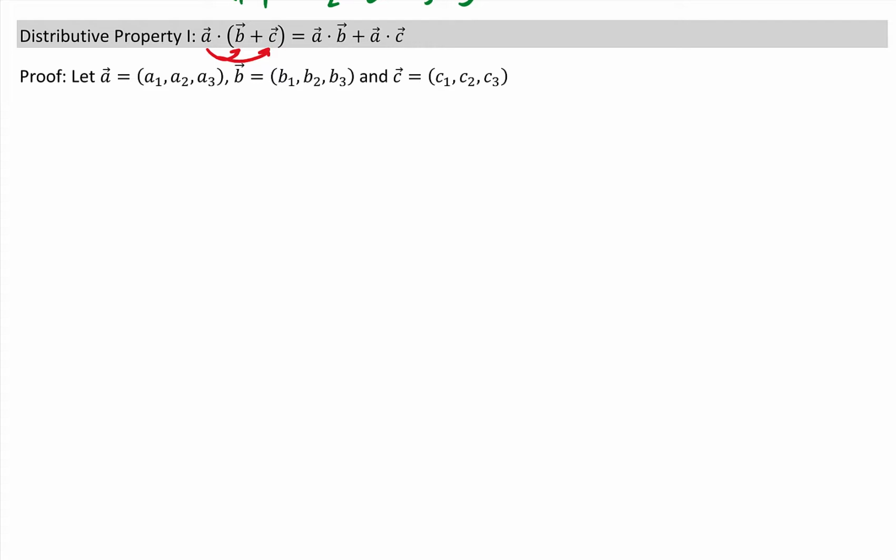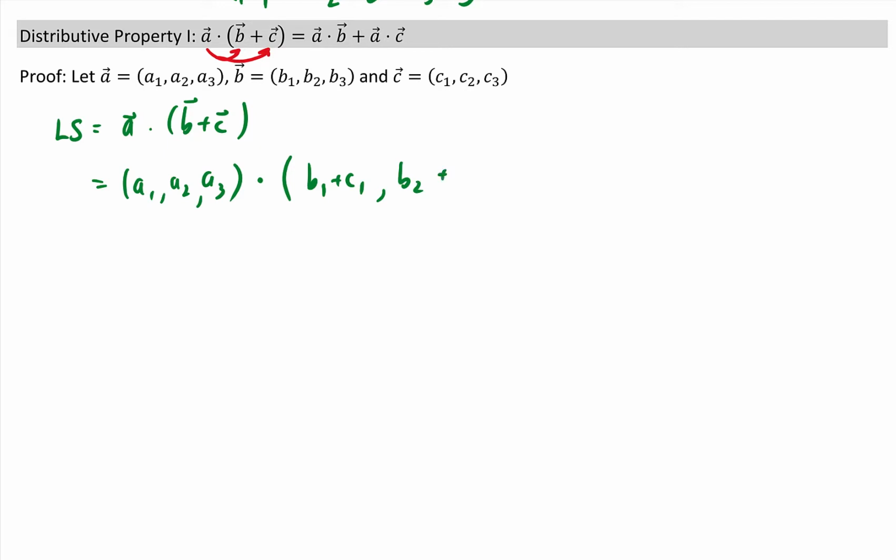In this example, I'm going to take the left side. So the left side is A dot B plus C, which equals A1, A2, A3, dotted with B plus C. So that's going to be B1 plus C1, B2 plus C2, and B3 plus C3.